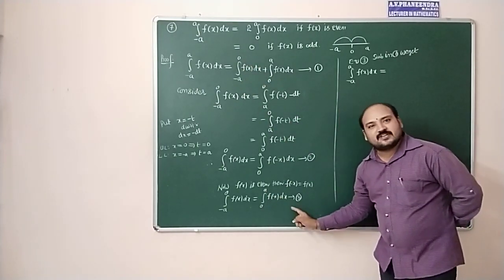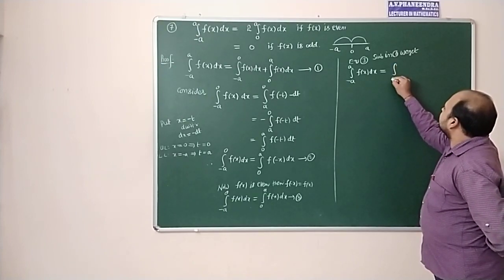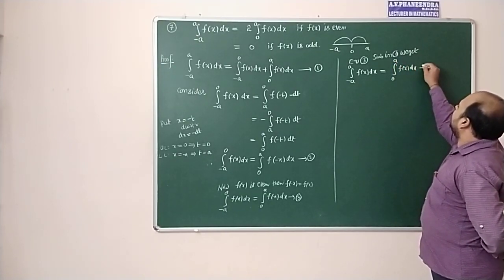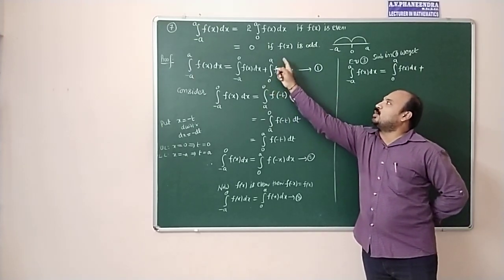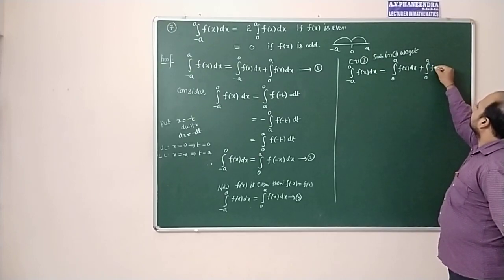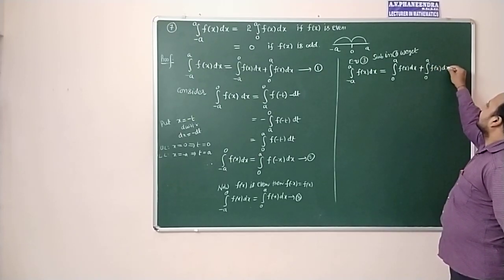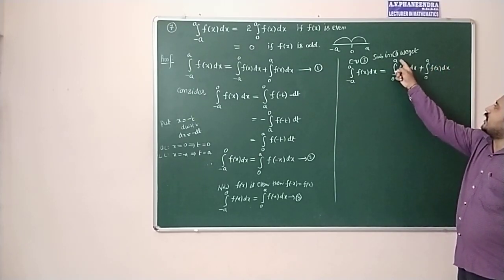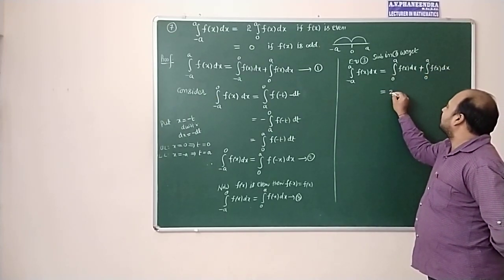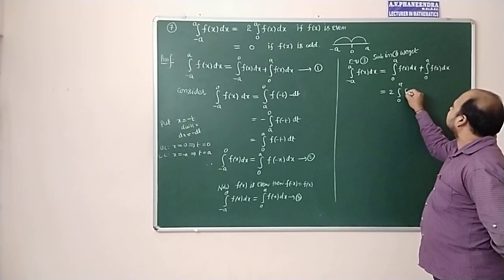Integral 0 to a of f of x dx only, no? Integral 0 to a of f of x dx plus, already it is there, integral 0 to a of f of x dx. So, integral 0 to a of f of x dx plus integral 0 to a of f of x dx is twice of integral 0 to a of f of x dx.